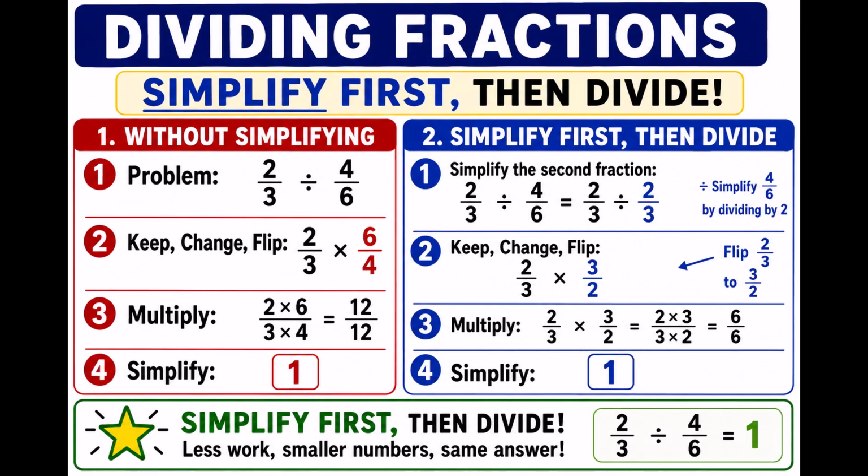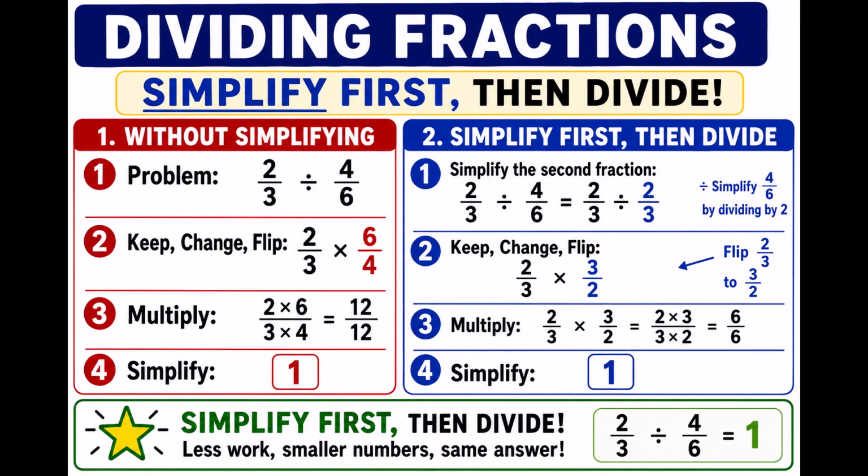So both methods give the same answer, but simplifying first for some people uses smaller numbers and makes the work much easier. So always remember, before dividing fractions, check to see if you can simplify it first. Then use the rule. Keep the first fraction, change the division sign to multiplication, flip the second fraction, multiply and simplify if needed.